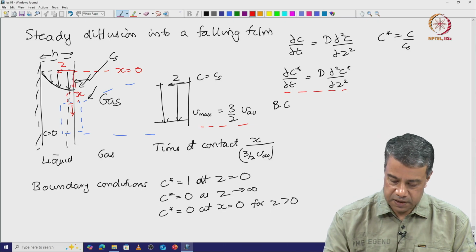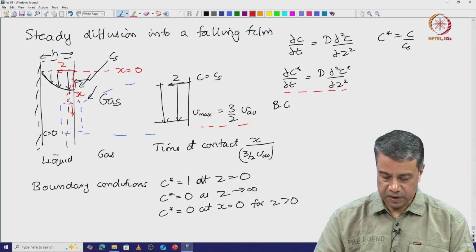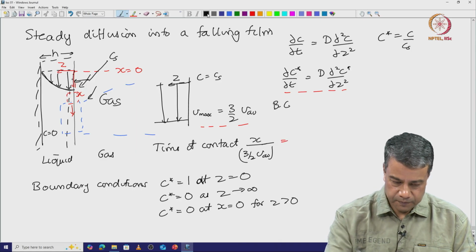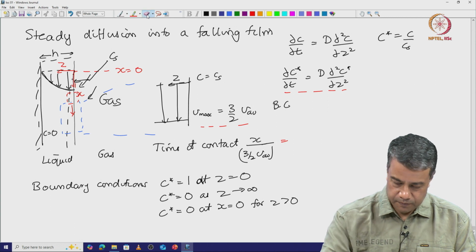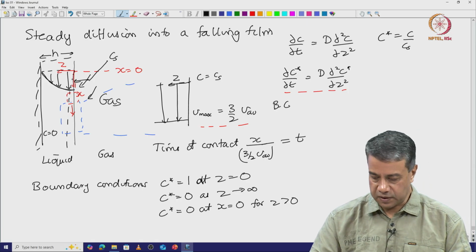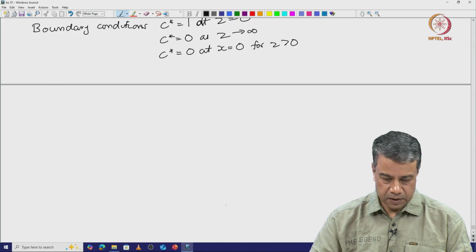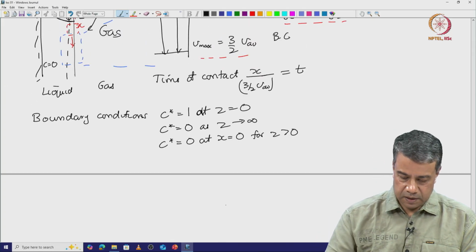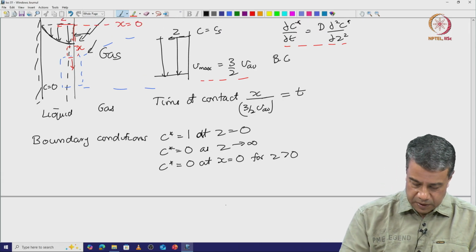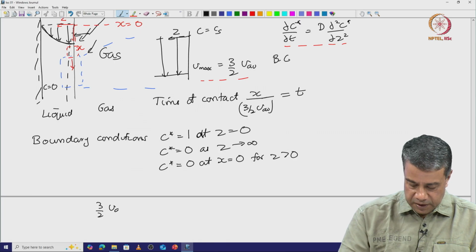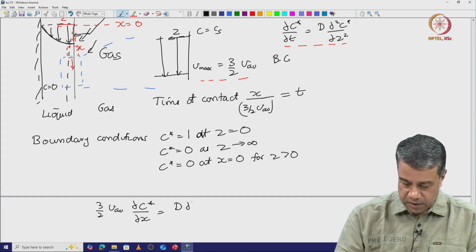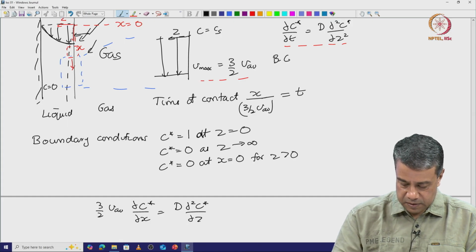If I identify the time of contact as t, which is equal to x by V max, then my equation becomes 3 by 2 V average partial C star by partial x is equal to d partial square C star by partial z square.